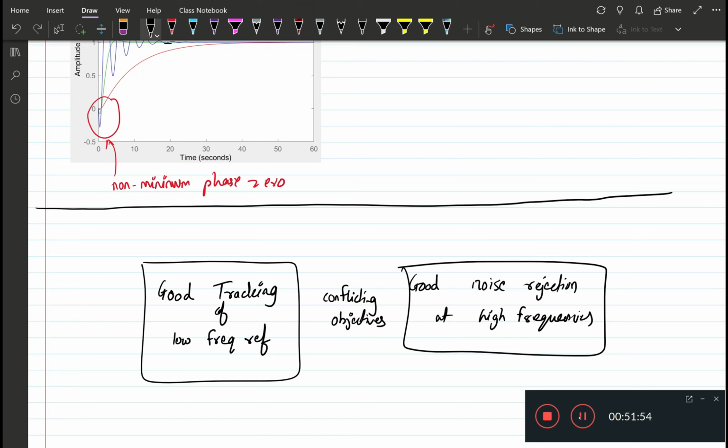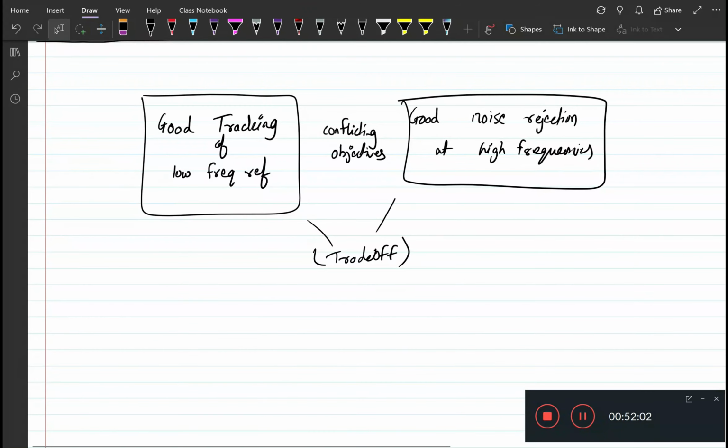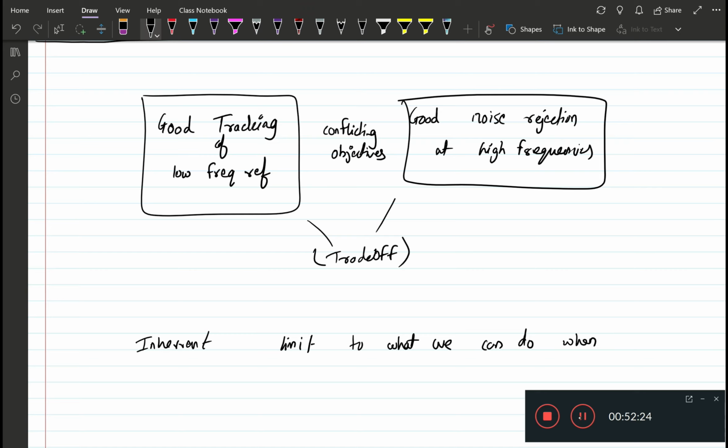And there is a trade-off between these two goals that we typically have in a control design task. So we have basically an inherent limit to what we can do when trying to achieve these two goals.